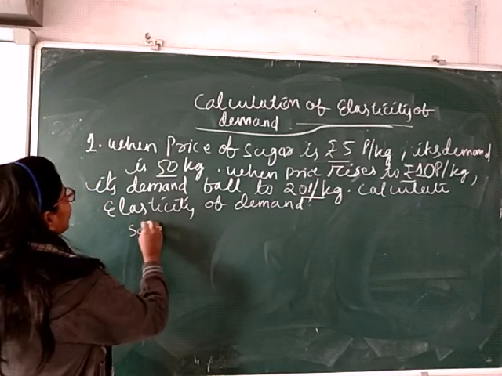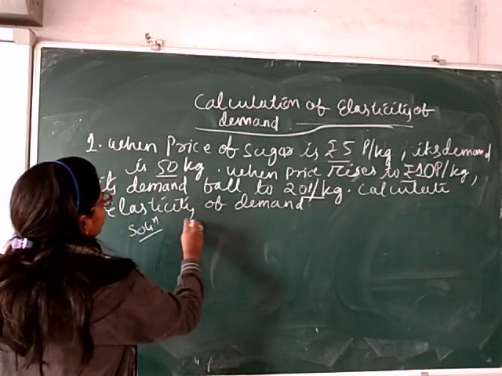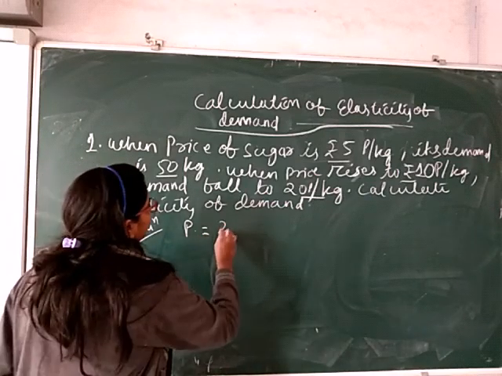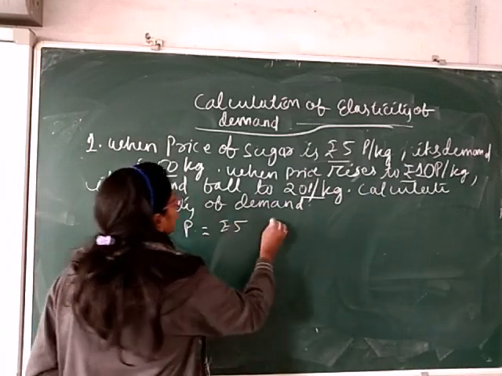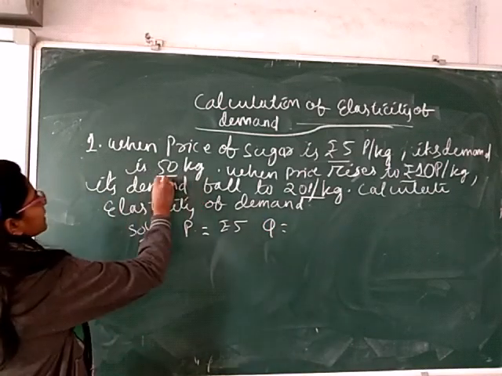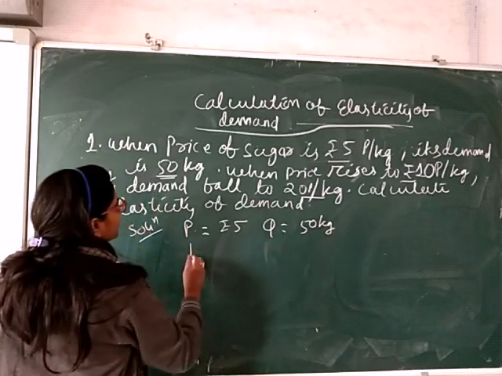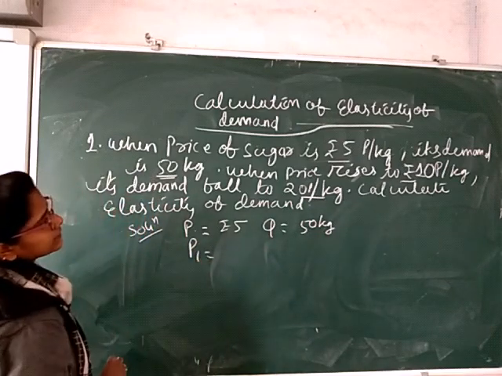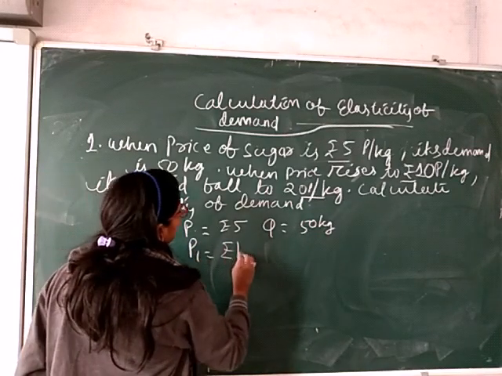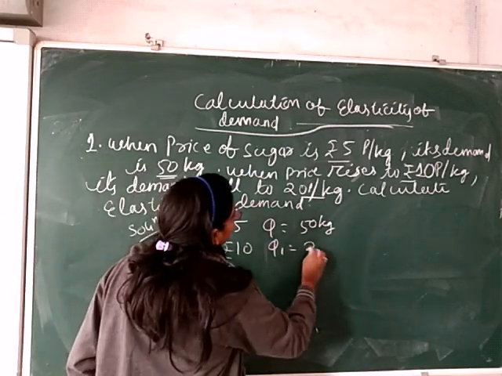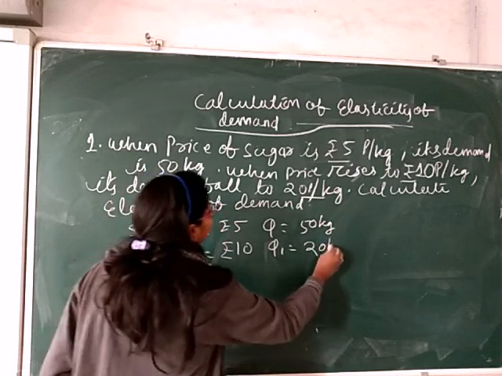So first we write all the data. P is the original price, that is rupees 5, and Q is the original quantity, that is 50 kg. So P1, that is the changed price, is rupees 10 and Q1 is 20 kg.